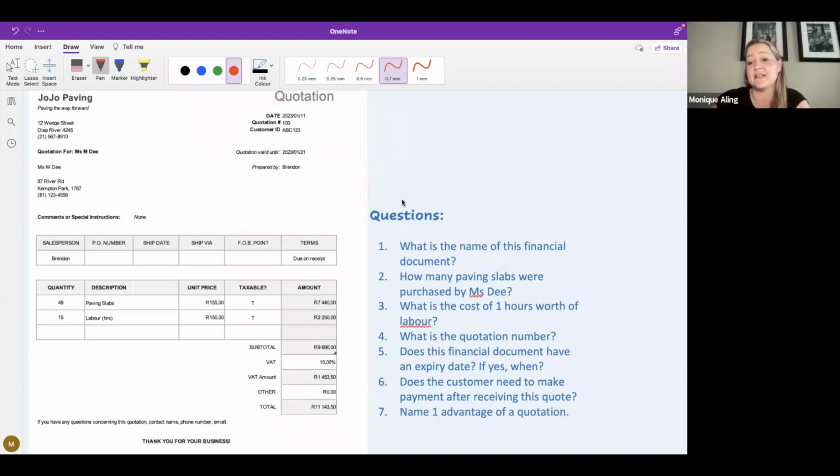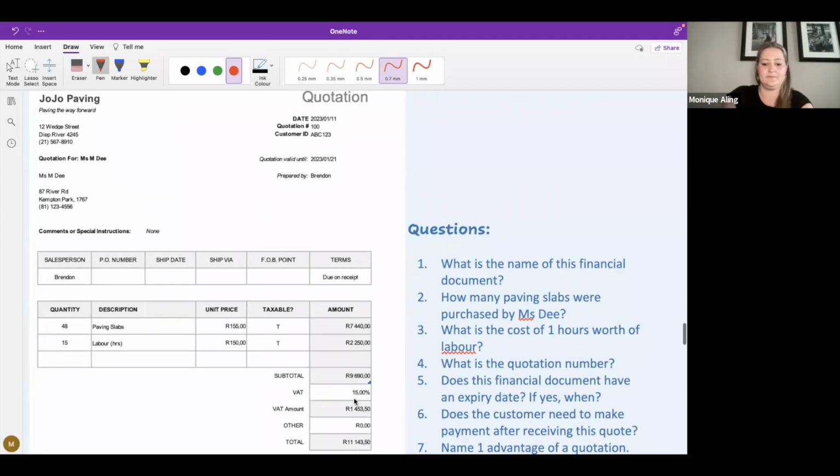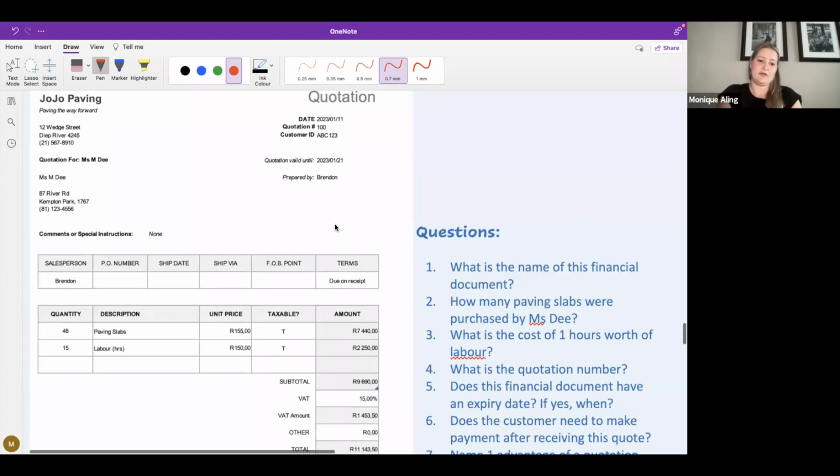So can everyone see this? Do I need to zoom in some more? It's all good. Steffi asked if you could please zoom in a little bit more, if possible.